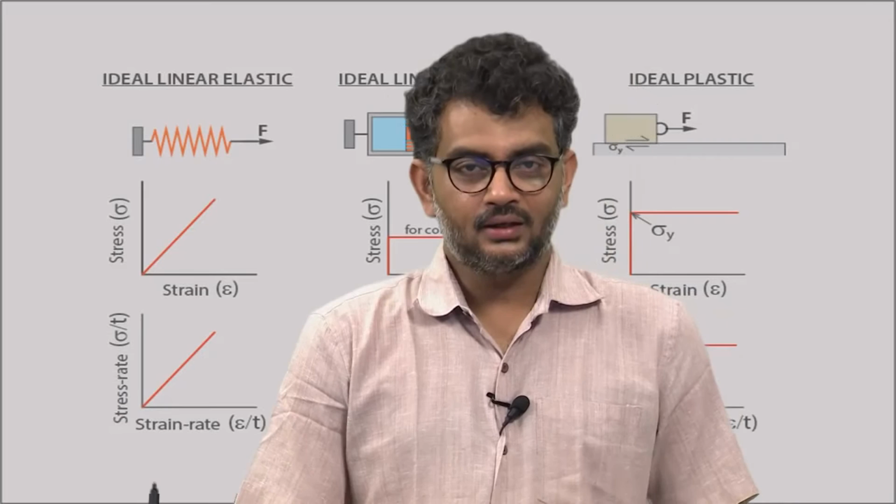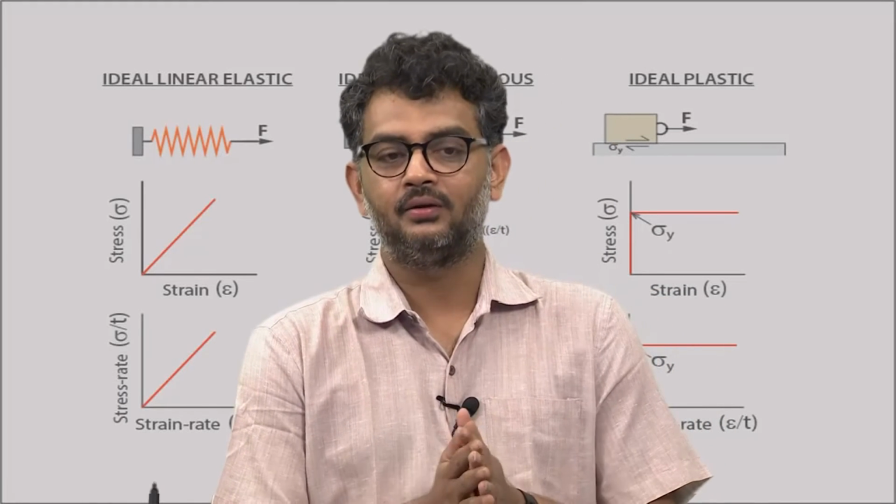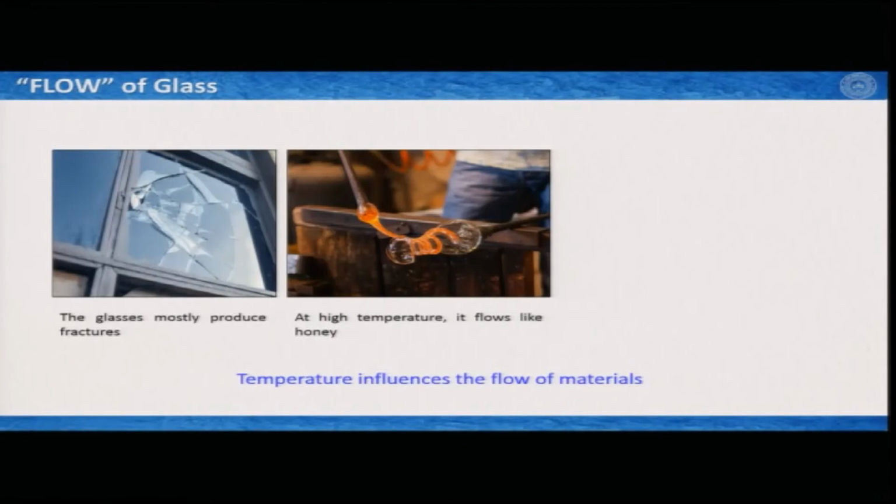But in glassware, where you make it, when you elevate the glass to high temperature, then it flows like honey. As you can see, this is a jar or whatever, and then he is designing it by rolling with another glass pulp.